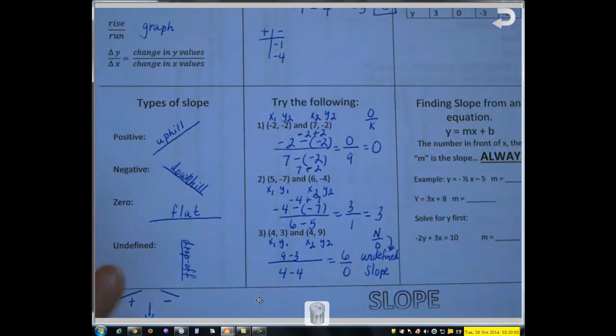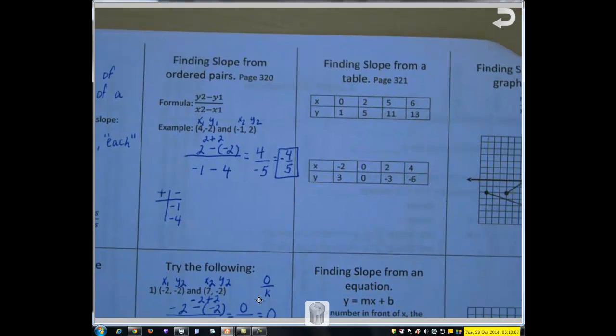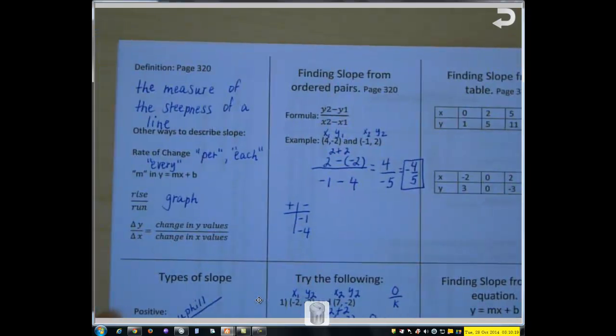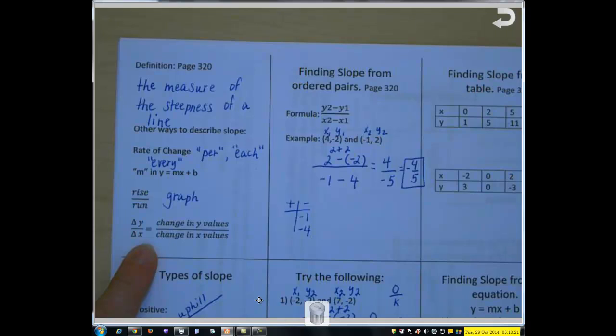All right, so let's go to finding the slope from a table. Slope is just basically the difference or the change in y values divided by the change in x values. We have that as one of our definitions. Slope is delta y over delta x.